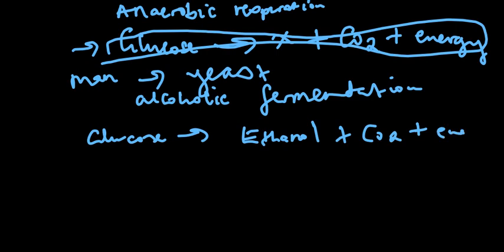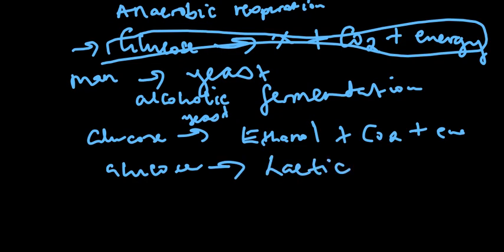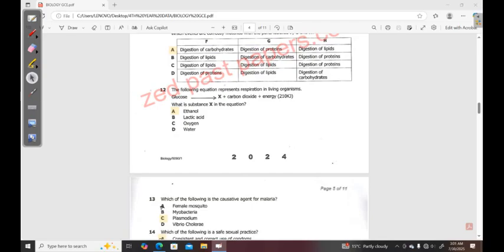So this is what happens in yeast. But for mankind, you have glucose, and in the absence of oxygen, lactic acid is produced, plus energy. So there's no production of carbon dioxide when it comes to man. All right, hence that's why we chose ethanol.